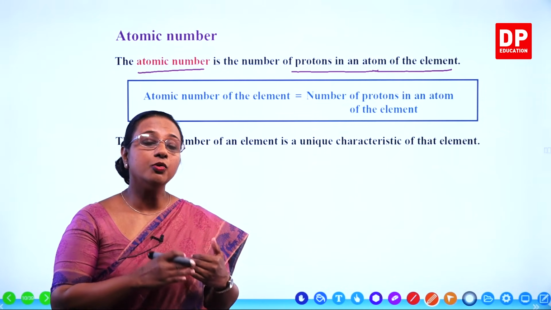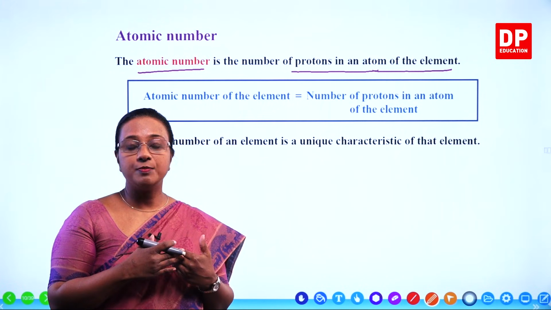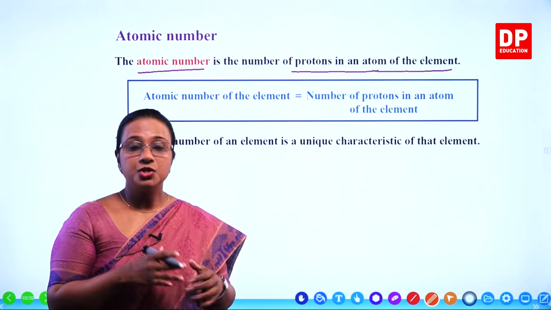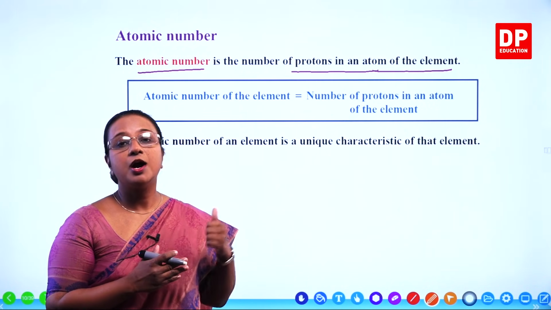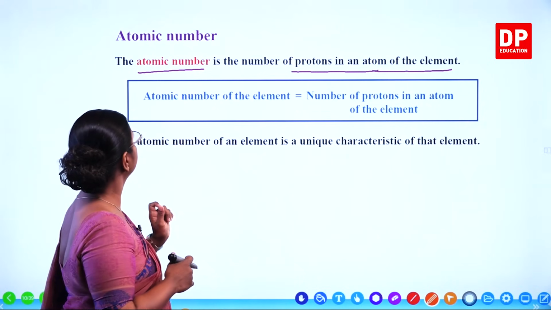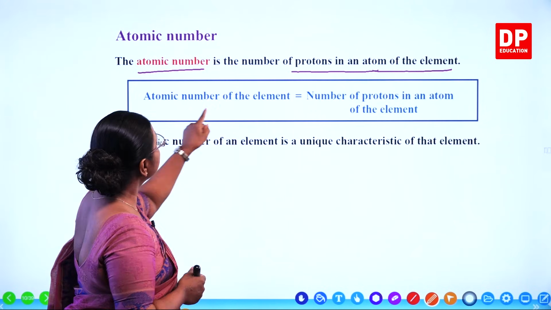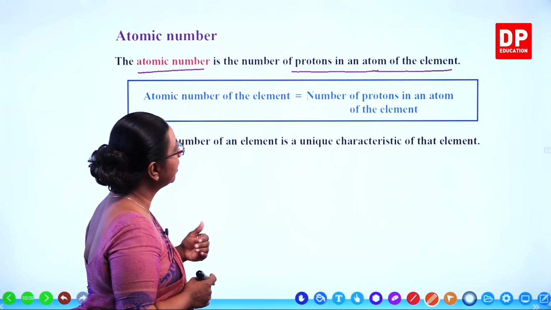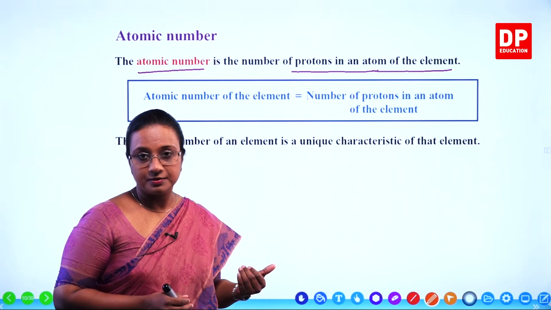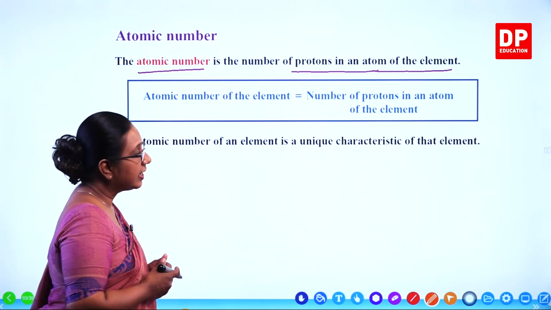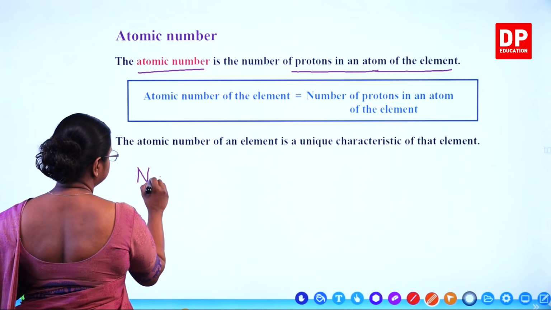So they cannot go out of the atom, or additional protons cannot be put into the atom. So each atom of an element has a fixed number of protons, and this number of protons is defined as the atomic number. So the atomic number of the element is equal to the number of protons in an atom of the element.